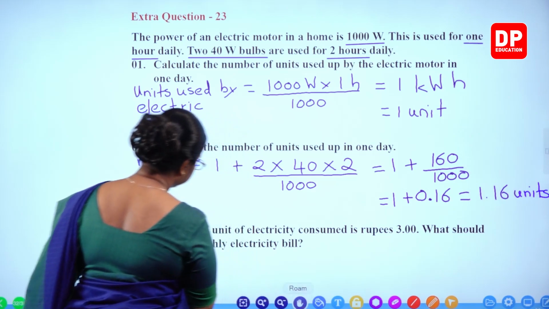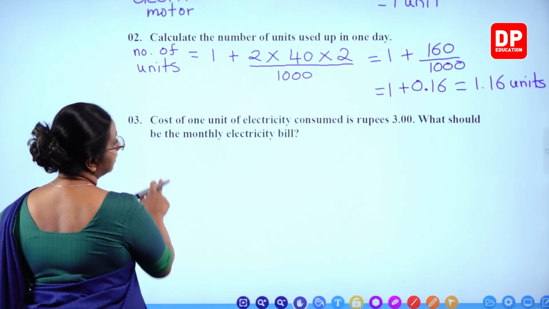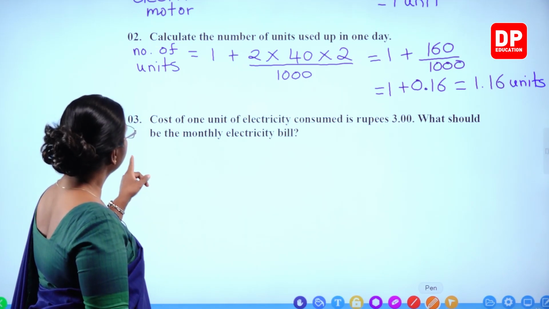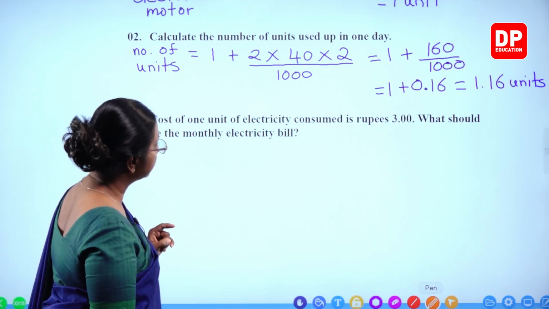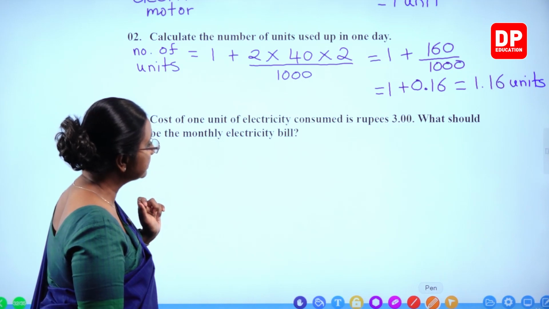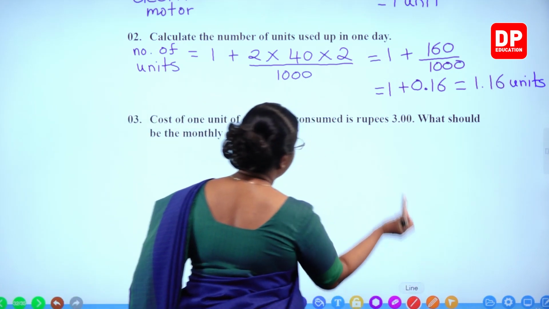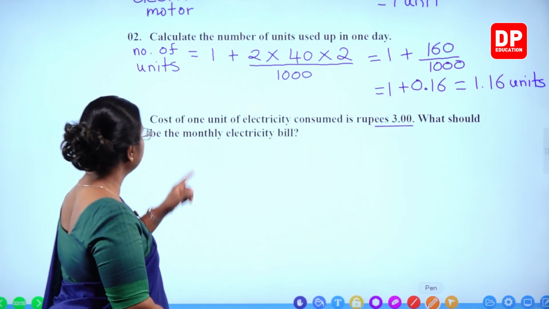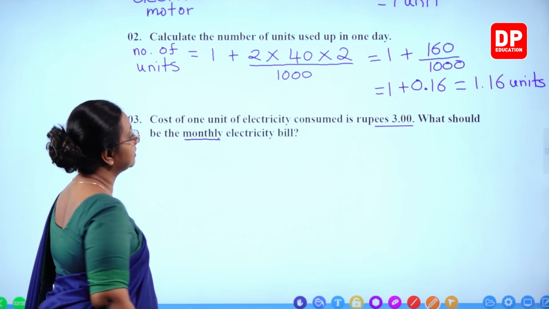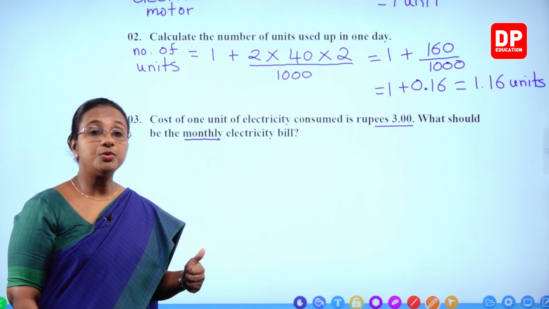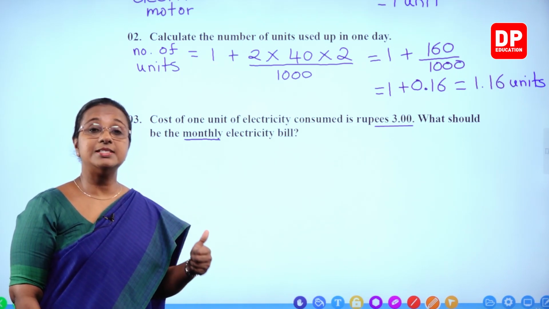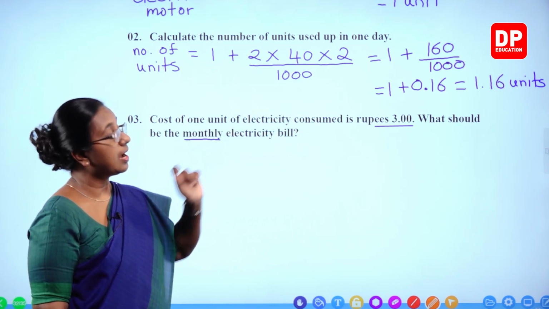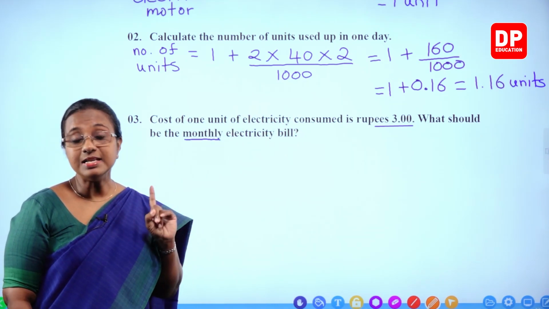Then here we can see the third part of the question. Cost of 1 unit of electricity consumed is rupees 3. So there 1 unit is rupees 3. What should be the monthly electricity bill? So you all know if it is for a month, we consider it as a 30-day month. Now we have calculated the number of units for 1 day.